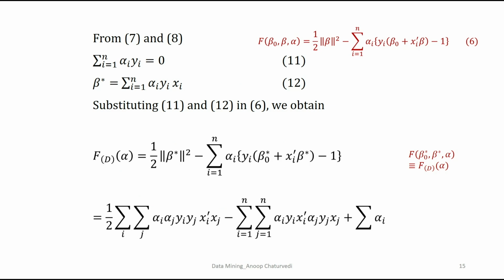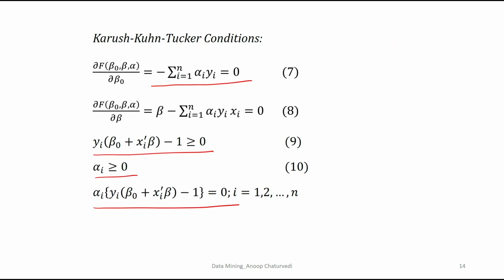Then from equations 7 and 8, we obtain summation alpha i yi equal to 0, and then we also obtain beta star equal to summation over i alpha i yi xi. We just solve the equations. From equation 7, you obtain summation alpha i yi equal to 0, and then we also solve equation 8, from which we obtain beta equal to summation alpha i yi xi.